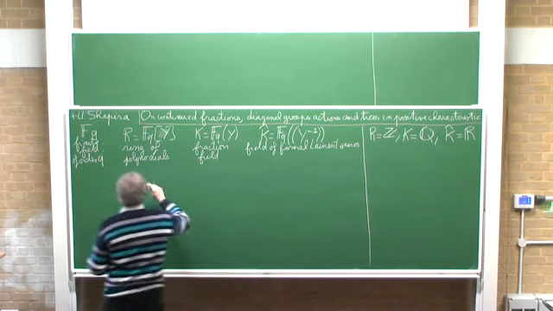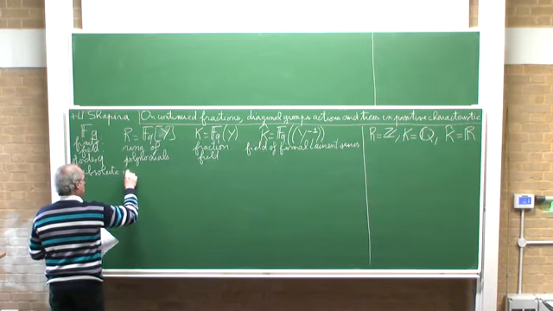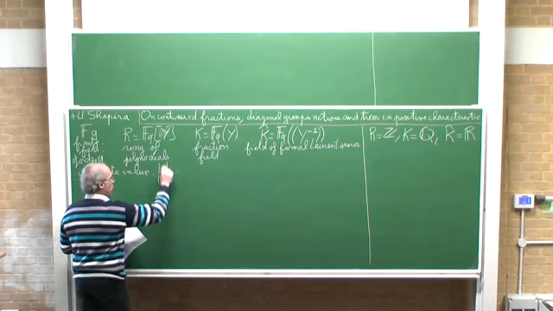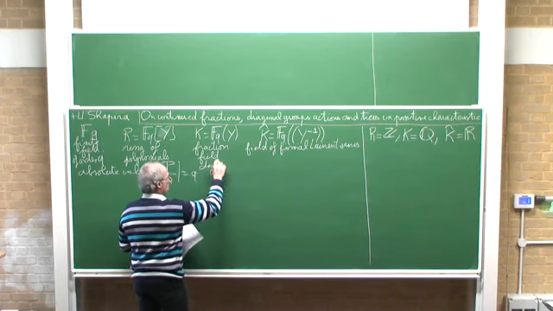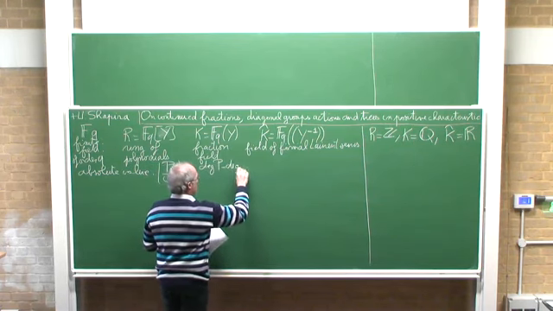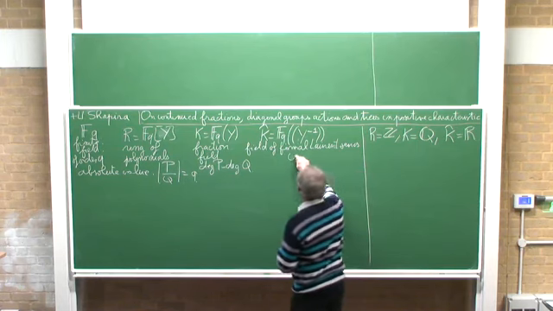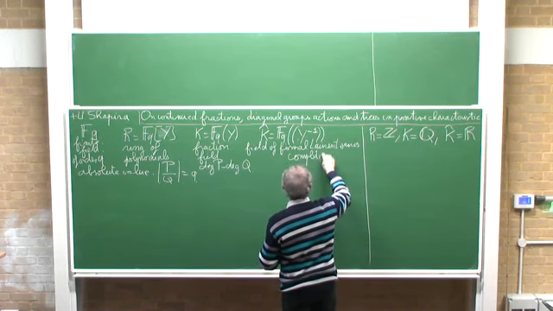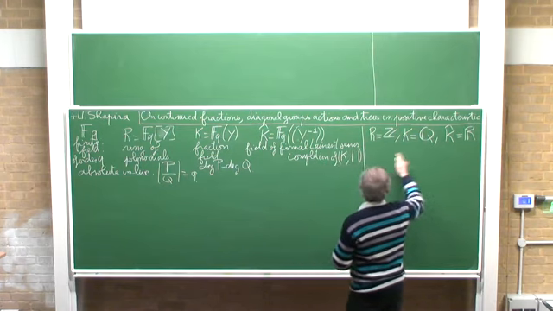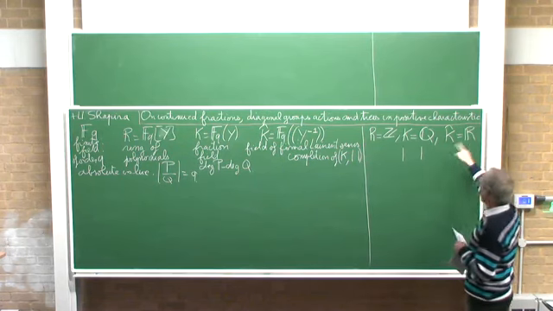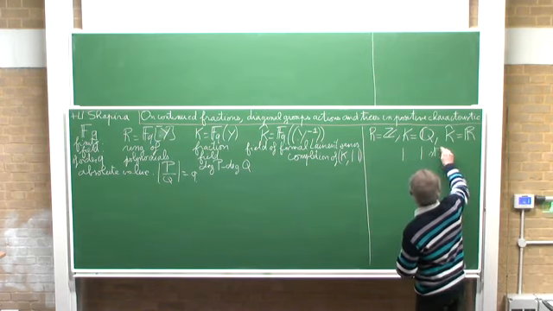On the field K, we have an absolute value. The absolute value of P over Q is q to the power degree of P minus degree of Q. One way of defining the field of formal Laurent series is to say that it is the completion of K for this absolute value, in the same way that the reals are the completion of Q for the standard Euclidean absolute value.